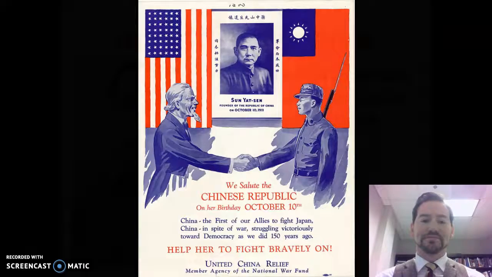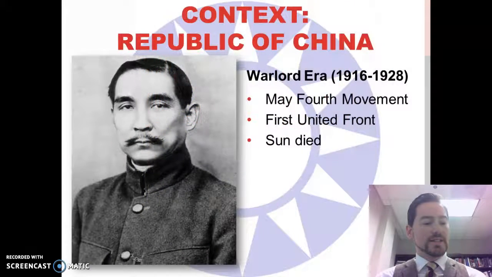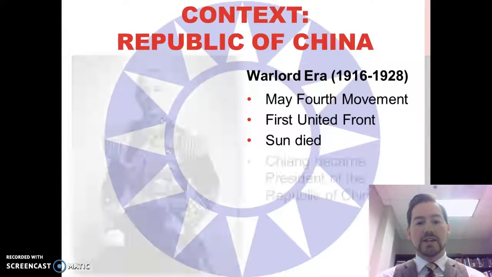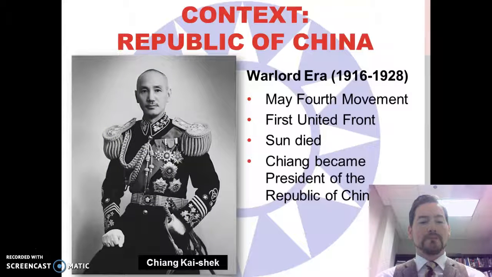So he died in 1925, and then Chiang Kai-shek rose to power afterward. Chiang Kai-shek did not like the communists. Sun Yat-sen was a little bit more willing to work with them. He saw a little bit more value in alliances with the Soviet Union and communism in general, but Chiang Kai-shek did not, and so Chiang Kai-shek becomes the leader of the Nationalist Party.